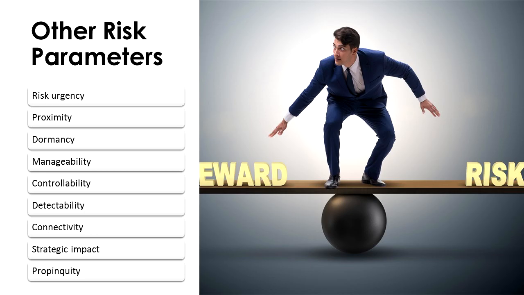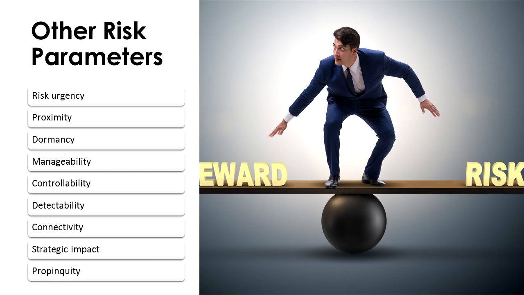We also have a term called dormancy, the period of time that could elapse before a risk is discovered. We have manageability, the ease in which the risk could be managed by whoever is responsible for it, usually called a risk owner. We have controllability, the degree to which the risk owner is able to control the risk's outcome.